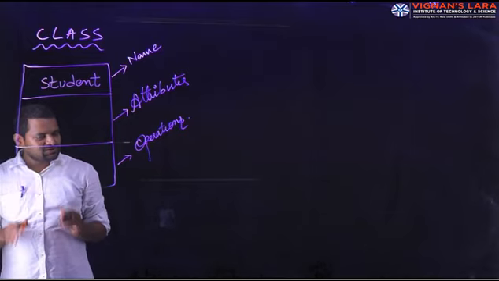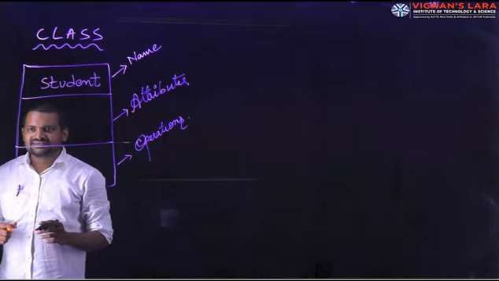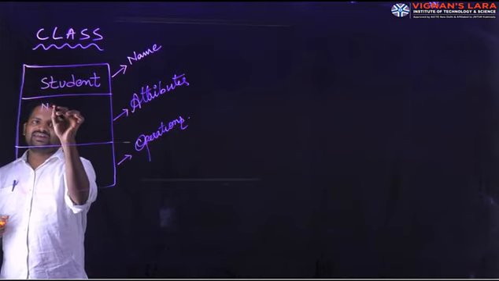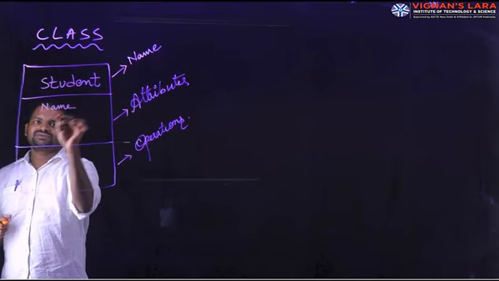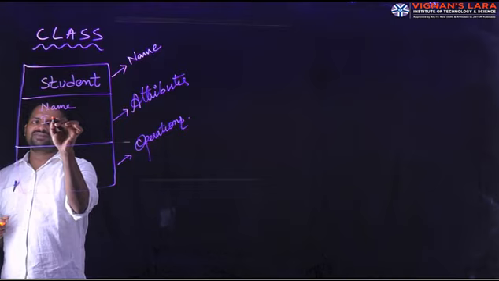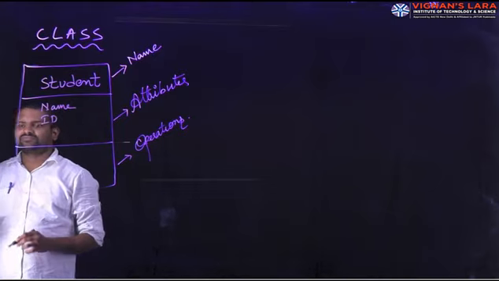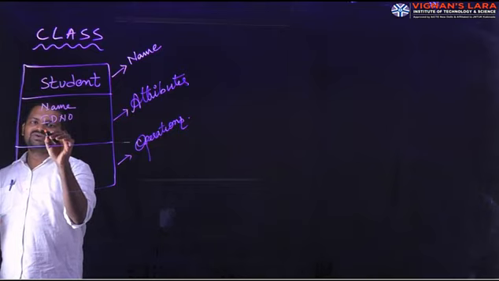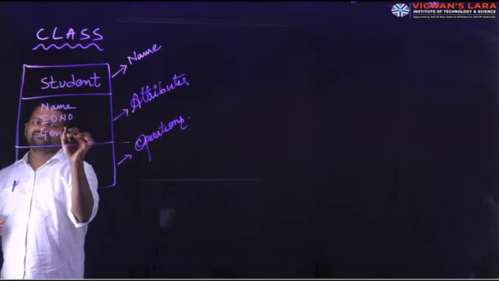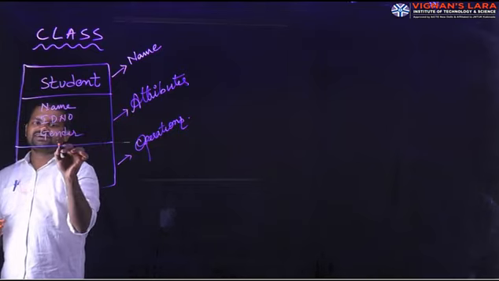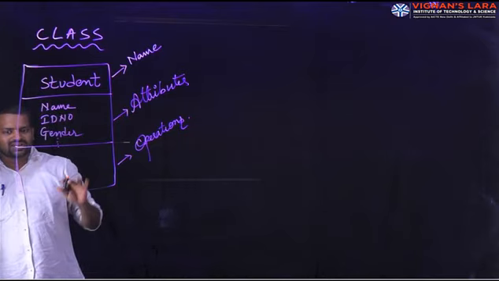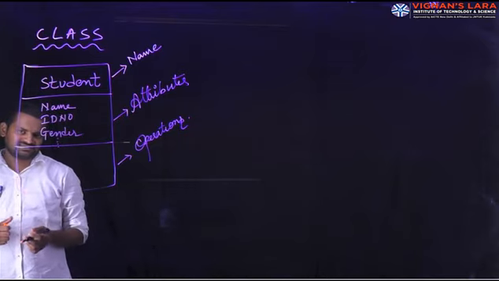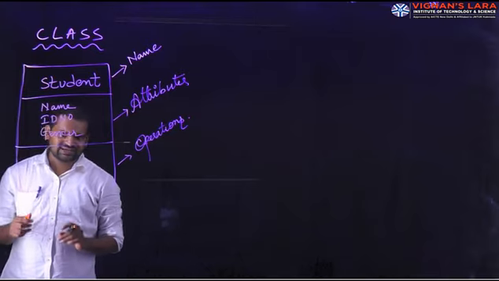What are the attributes for the Student class? Student name, student roll number, for example ID number, student gender, student address. Likewise, all are the attributes of a particular class, right?